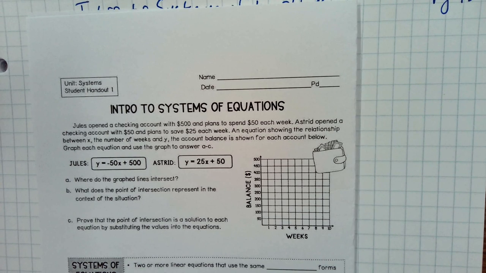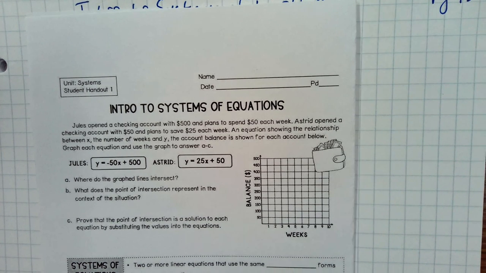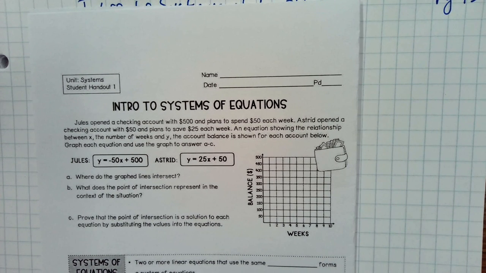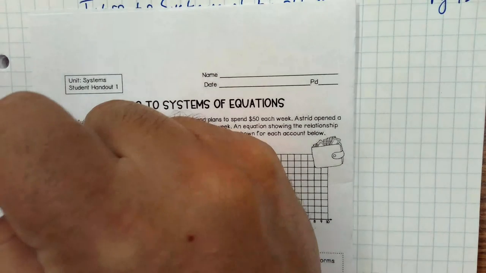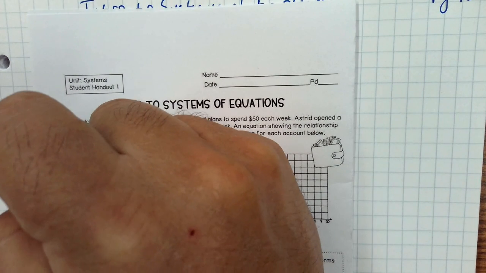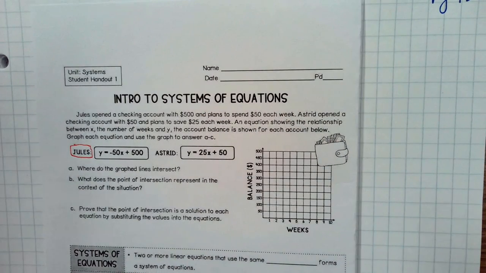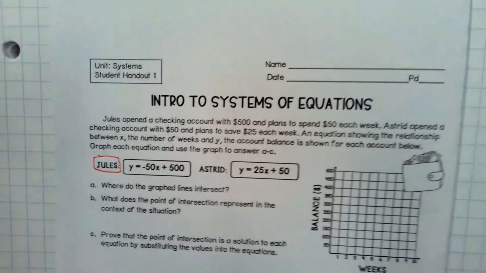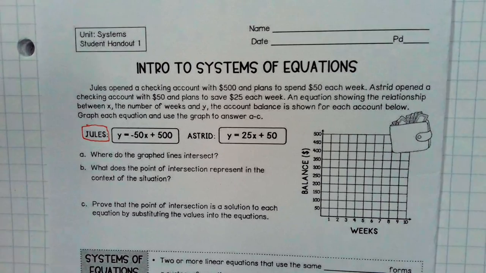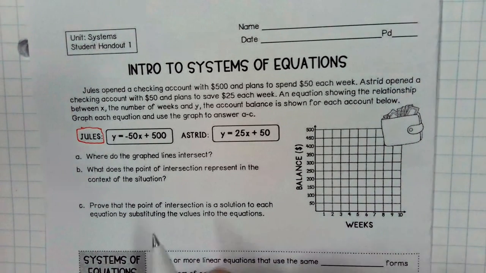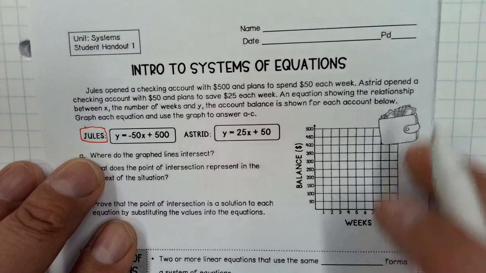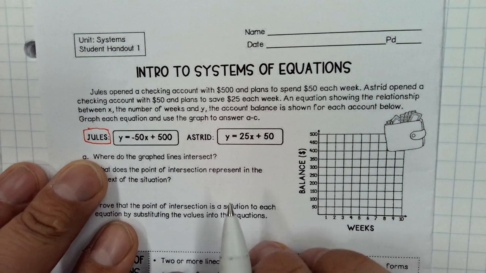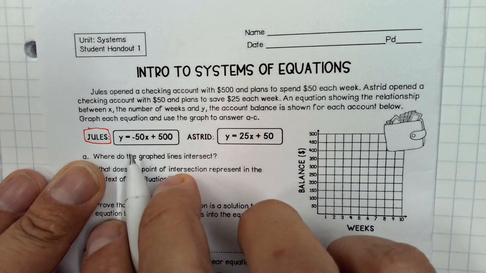Okay? And let's look at Jules. So let's graph Jules here in red. All right? I'm going to really zoom in so we can all see. So we're going to go ahead and graph this. There's going to be a lot of graphing in the next couple of days, okay, guys? So let's see.